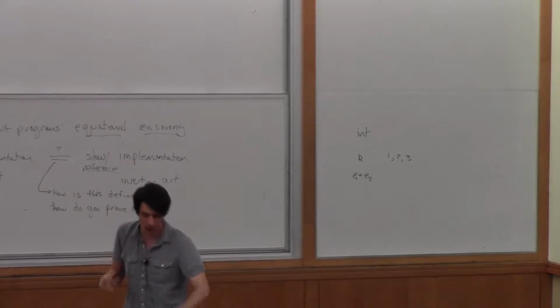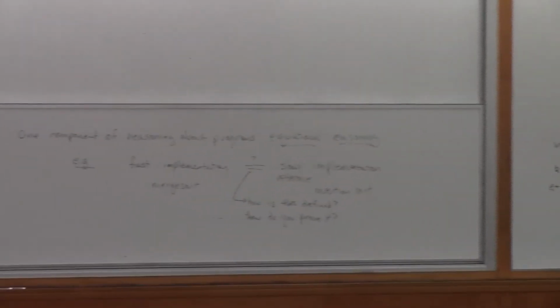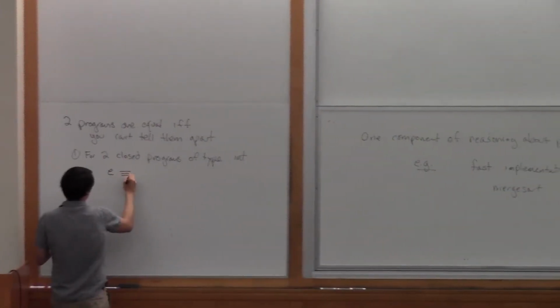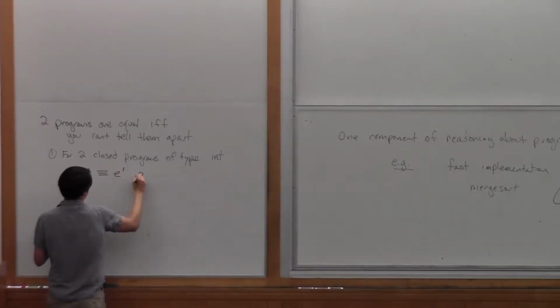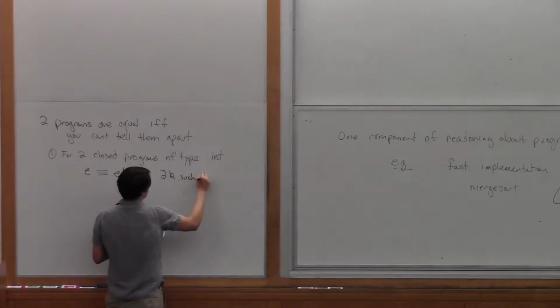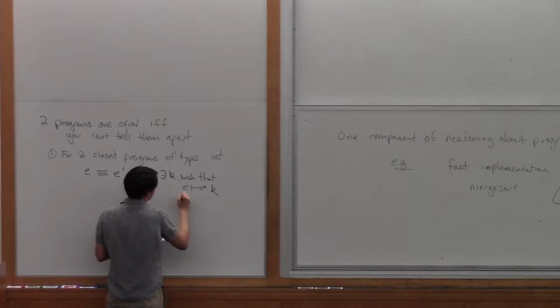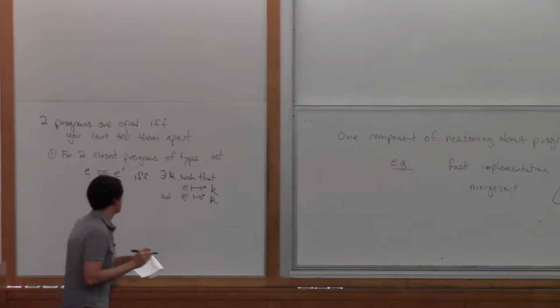So if that's my base type, then what I'm going to say about two closed programs of type int is that e is equal to e prime if and only if there is some number k such that e runs in some number of steps to k, and e prime runs in some number of steps to the same k.